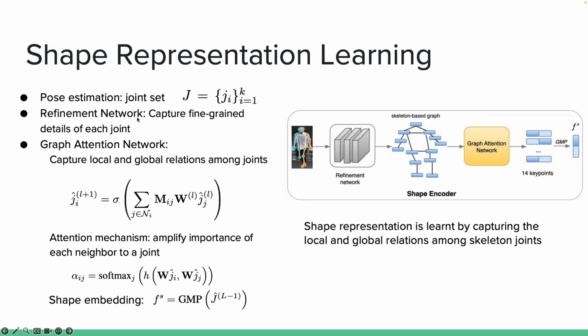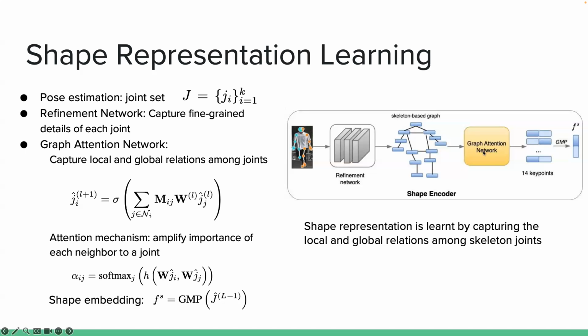Then the joints are fed into the refinement network, which consists of several fully connected layers to capture the fine-grained details of each joint. Then the graph based on the skeleton is constructed, where each node is a feature embedding.